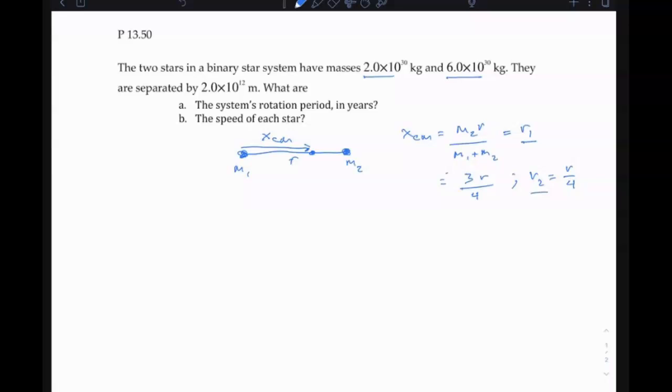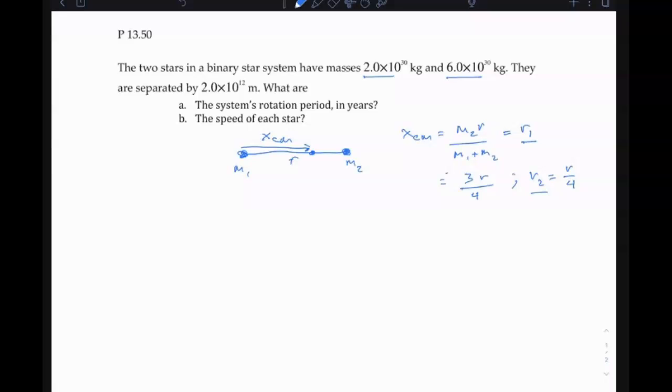Then we ask ourselves, what is the force that's causing each of these masses to undergo this uniform circular motion? Well, it's the force of attraction that each mass exerts on the other.